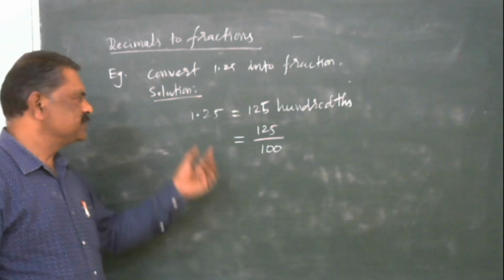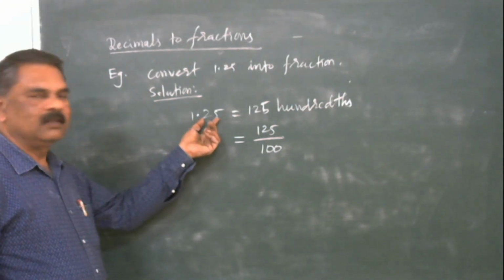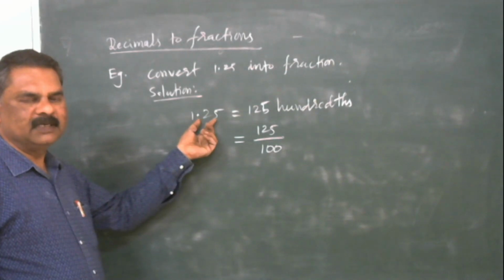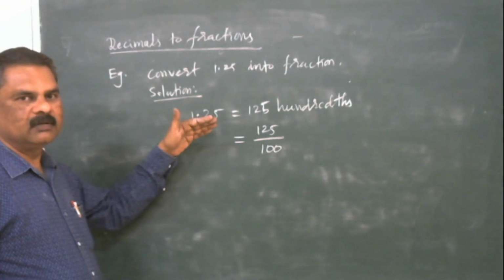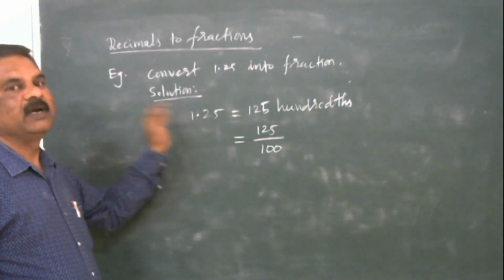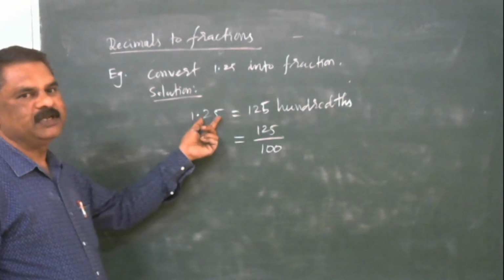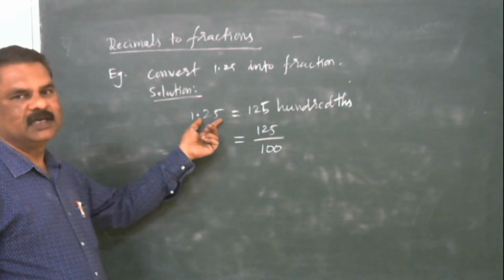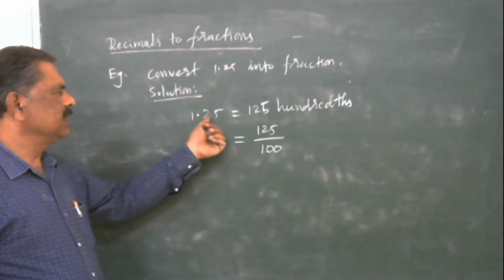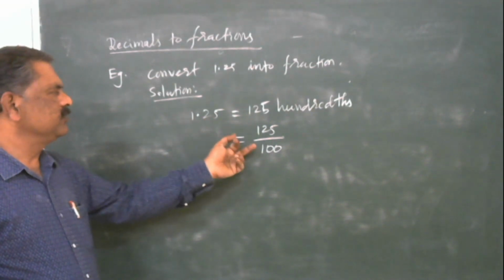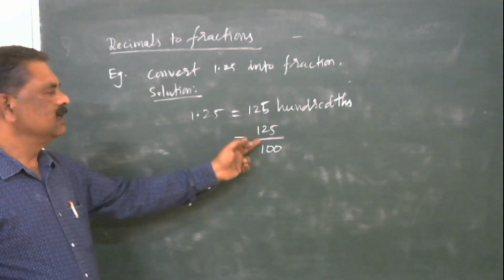In other words, we say place the number over its place value. What is the place value of 125? Hundredths place. So we can write 1.25 as 125 hundredths.